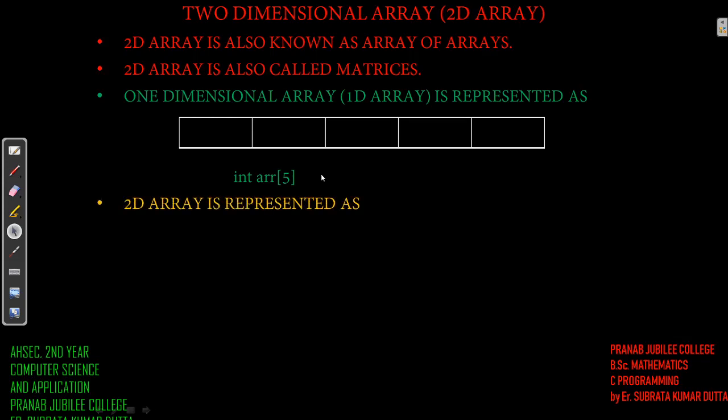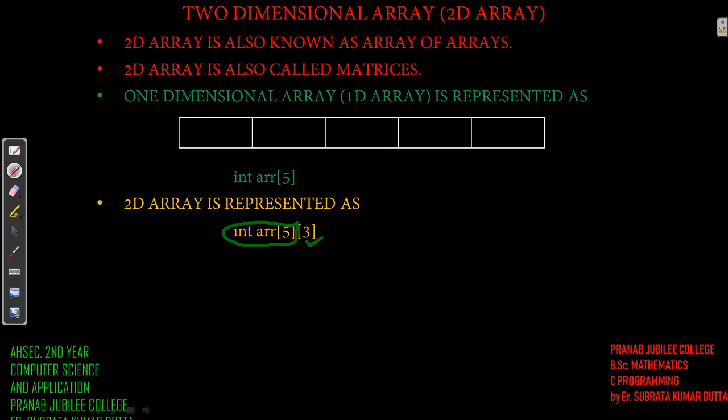Next, see how a two dimensional array is represented. If you look up to here, isn't it a one dimensional array? Along with that, another element is added in the square bracket.